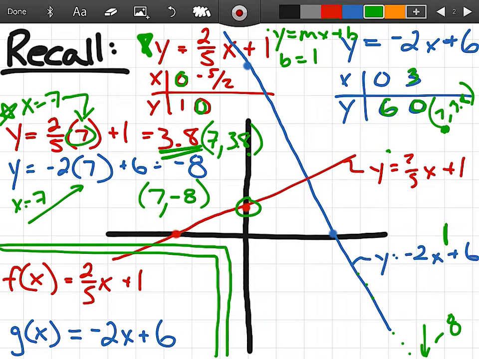And f of x is equal to 2/5 x plus 1, which is the red line. And when I have two lines on one graph, I use g of x to describe the other line. The g of x and f of x you can both think of as a y component. However, g of x is one line, whereas f of x is another.